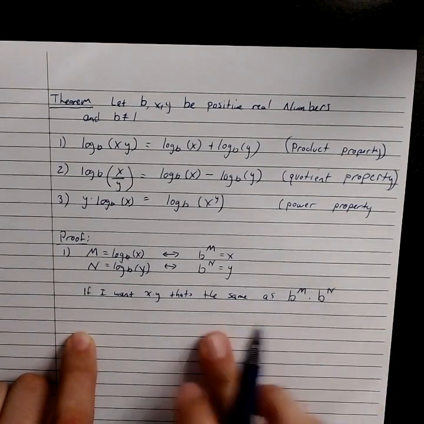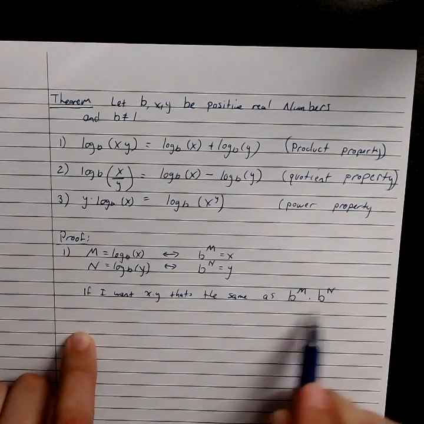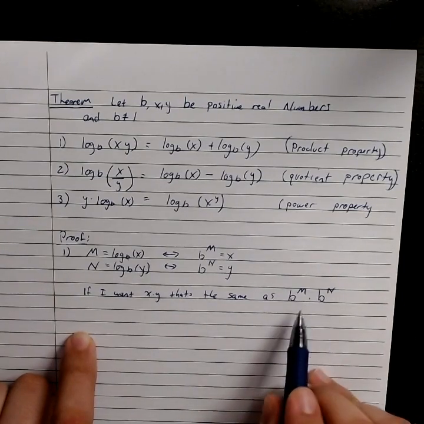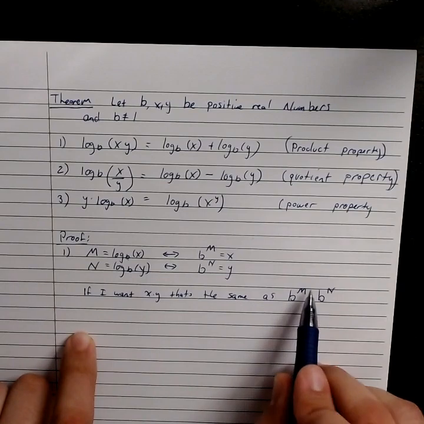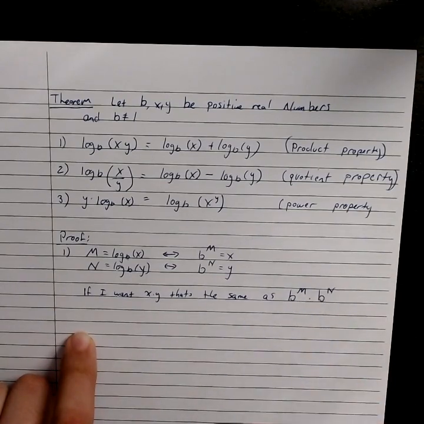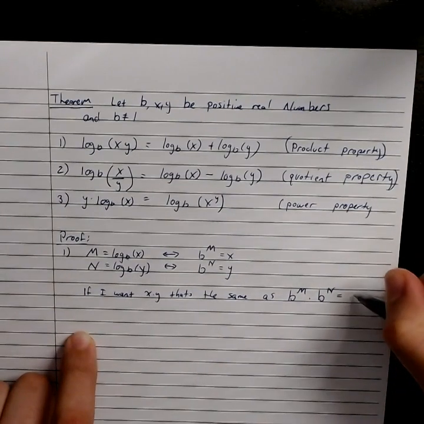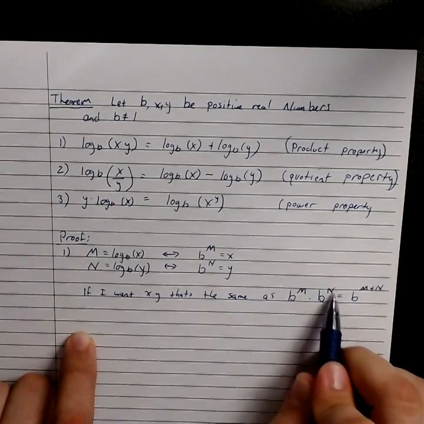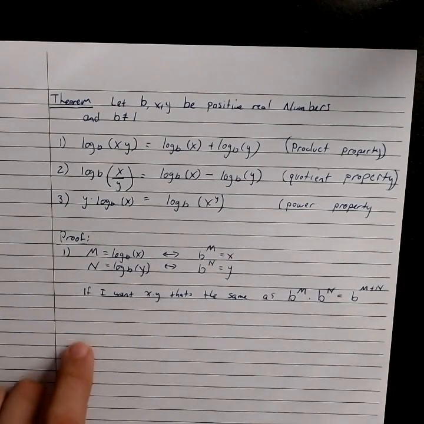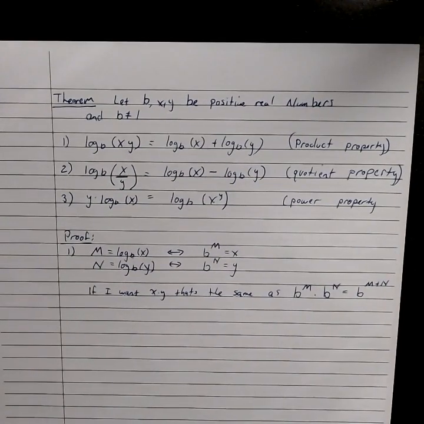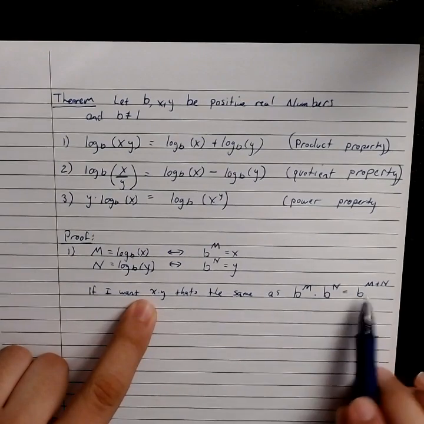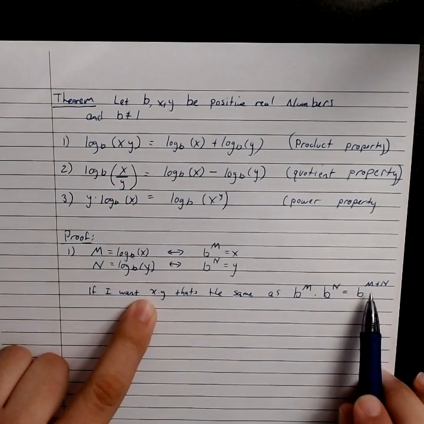And going back to chapter 1, when we look at basic properties of arithmetic and algebra, we note that if you multiply two things that have the same base, you can do that by adding the powers. So here, that's the same as b to the power m plus n. I can add these two together in my new power. So now I have another way of representing x times y. It can be represented as either of these two. This is the one I'm going to be interested in here in a moment.